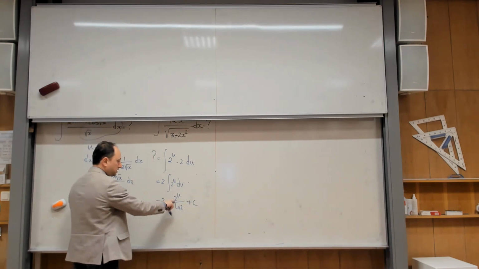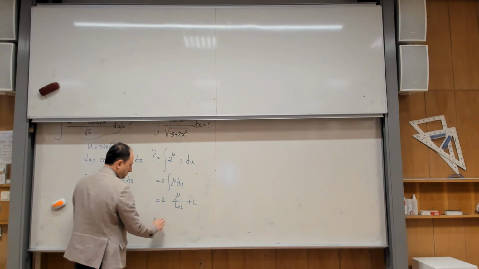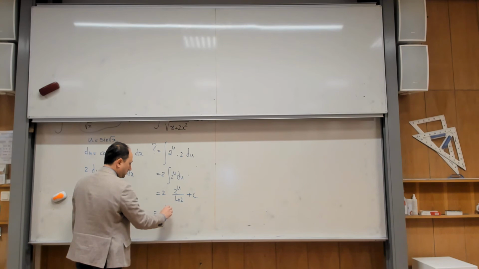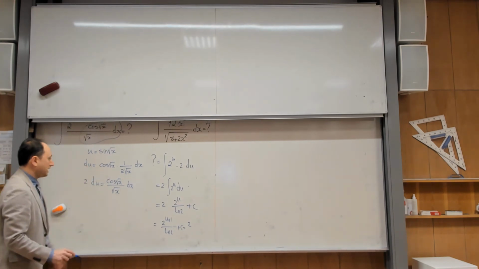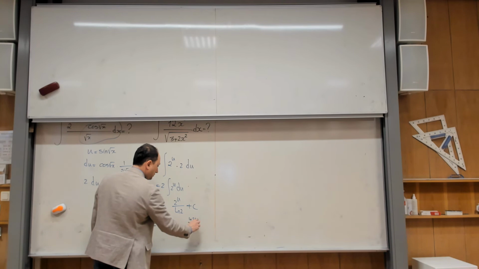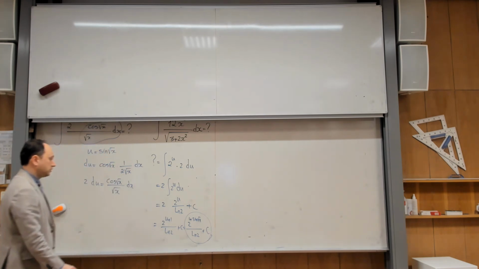But this 2 multiplied by that 2, you can write it as 2 to the power of u plus 1 divided by ln of 2 plus c. But at the end, you have to replace u with what you have here. So I write 2 to the power of sine square root of x, and then divided by ln of 2 plus c. So that is the function that you are looking for.